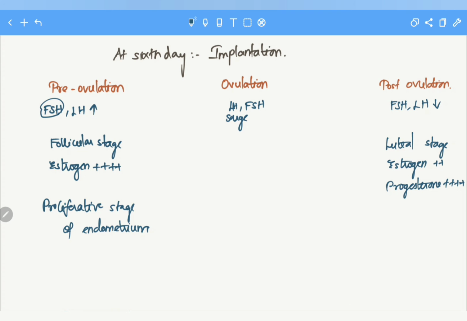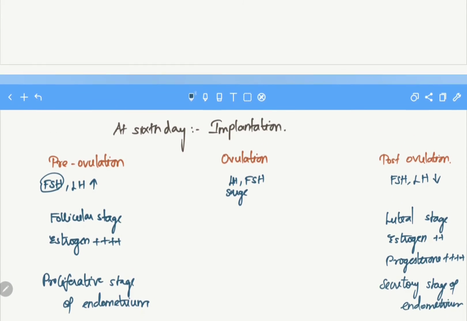And post-ovulation, what does this mean for the endometrium? It denotes the secretory stage of the endometrium, because during this stage the glands, the blood vessels and everything are developed. It is fully, thoroughly developed for the implantation.